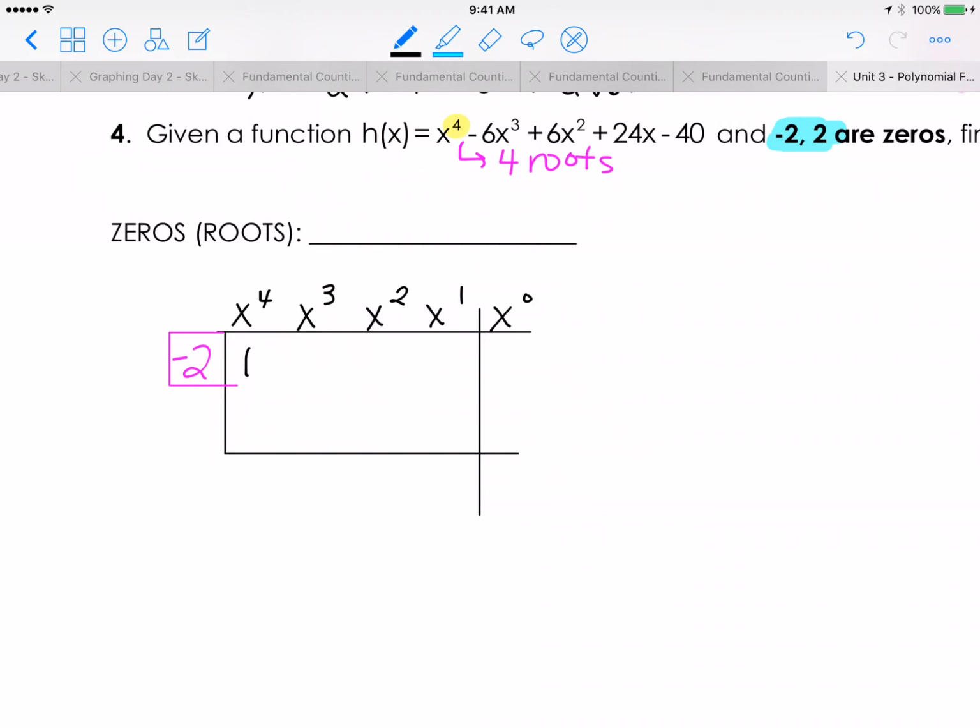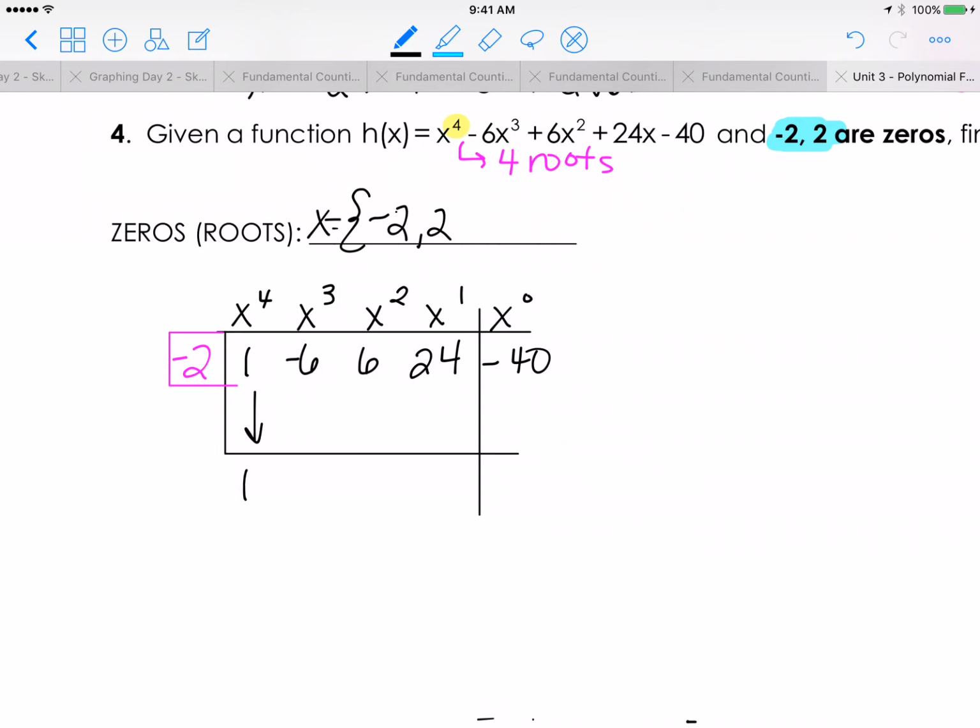The coefficient of x to the 3rd is negative 6. X squared is 6. X to the first is 24. And the constant is negative 40. So now we're going to do synthetic division here. So before we do that, let's go ahead and write our roots that we already know. Negative 2 and 2.